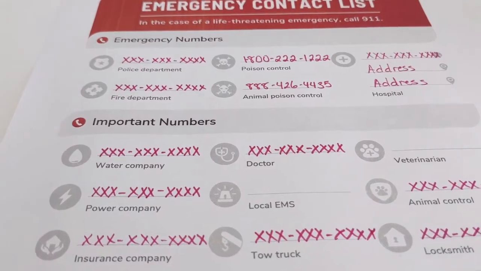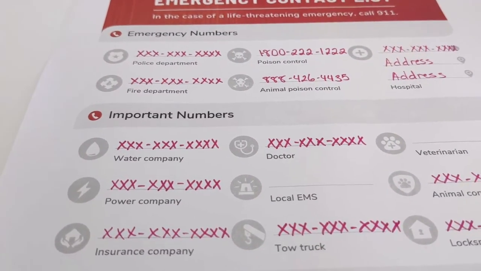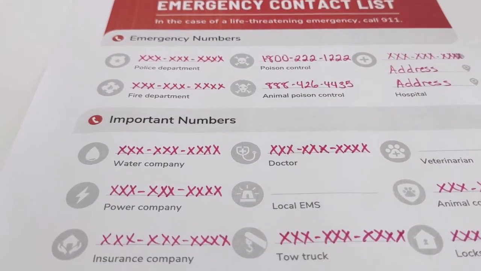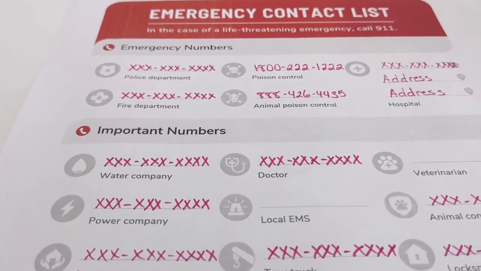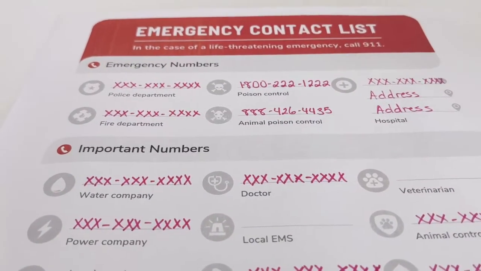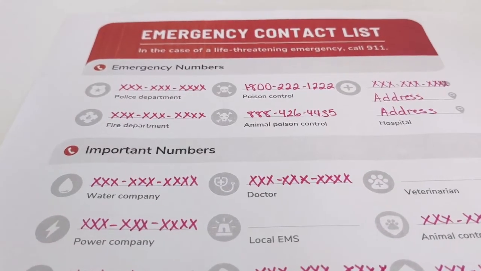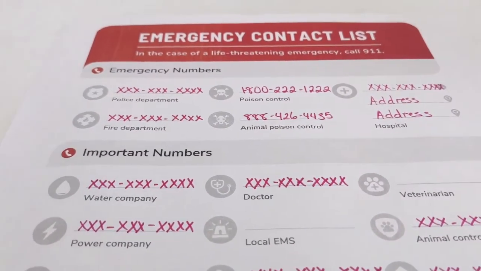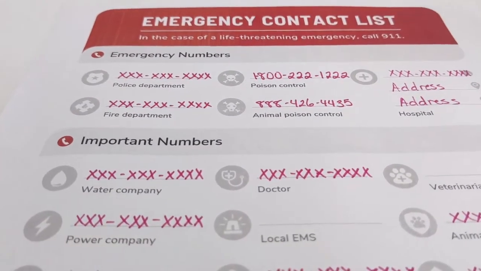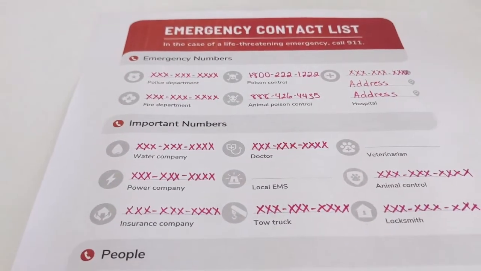But I've kept poison control and animal poison control, so if you were to ever experience an emergency, if you mixed your medications and you didn't know what you could do, or if you took the wrong medication, or if you took someone else's, you can contact them. And the same goes for animal poison control. If one of your pets took something that could be poisonous, you can contact them at that number.